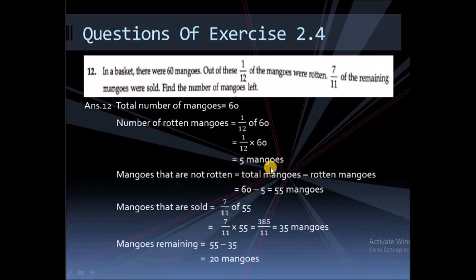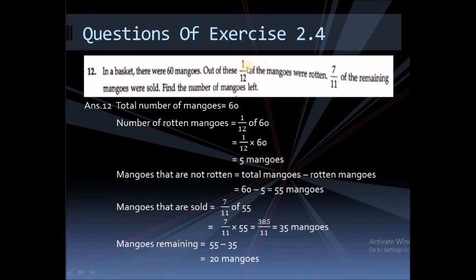Okay. Next, question number 12: in a basket there were 60 mangoes. The total number of mangoes is given to us. Out of these, 1/12 of the mangoes were rotten. Again you can see the 'of' operator is being used. That means the total number of mangoes is 60 and this part of the mangoes is rotten, right?